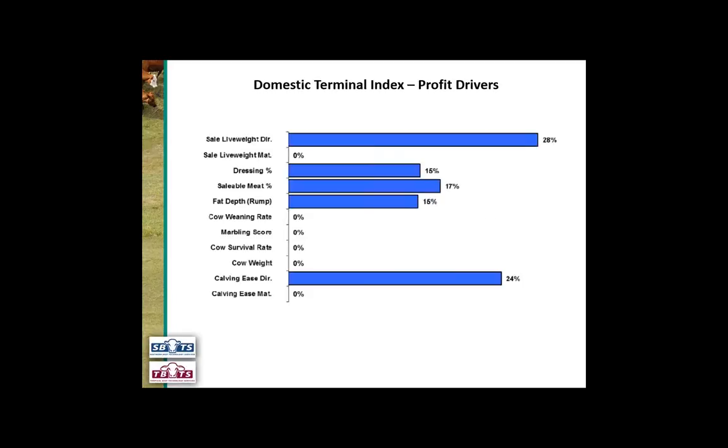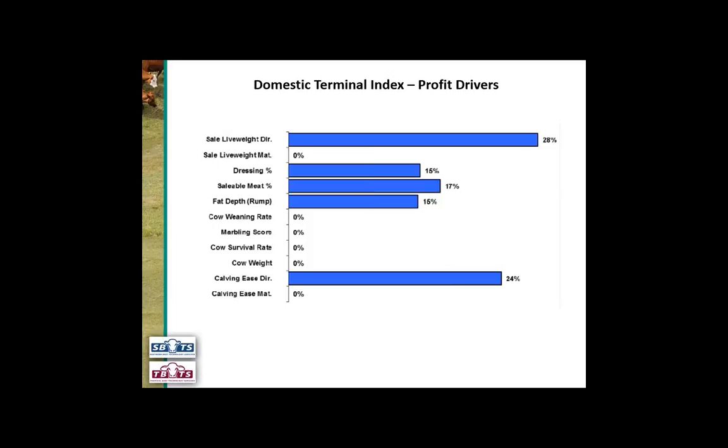So these are the profit drivers for this domestic terminal index. And you'll note that there is no influence on what we call the maternal traits. So cow weaning rate's not important because we don't keep any females. Cow survival rate, cow weight, calving ease maternal, and live weight maternal, which is driven by milk, get no emphasis in this index.